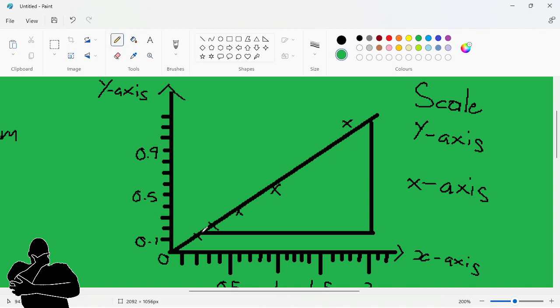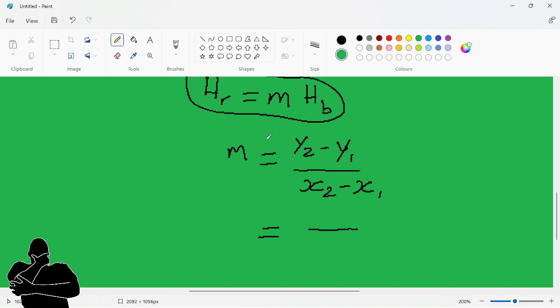You can read the x values by coming here, reading down, and reading down from there. The y value for this is approximately, this is 0.9, so this is going to be 1, and this is going to be 1.1, so about 1.1, maybe 1.16. It doesn't have to be too accurate.